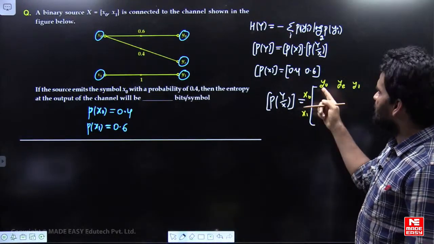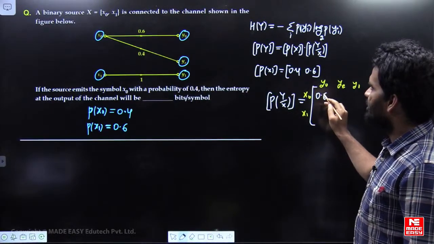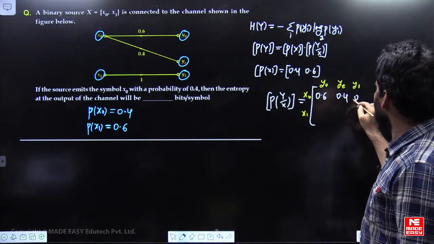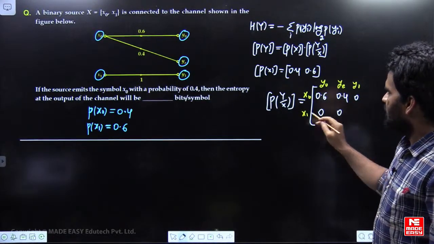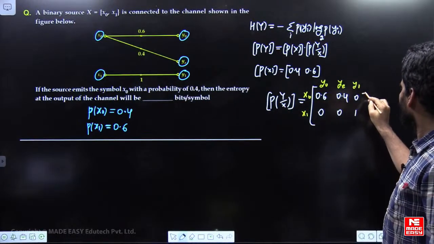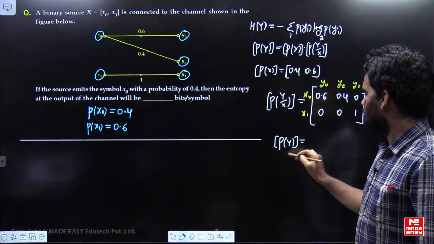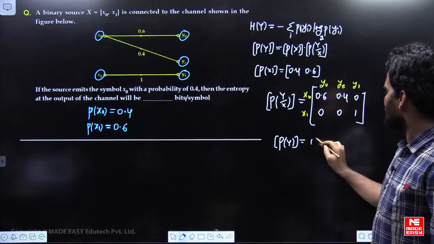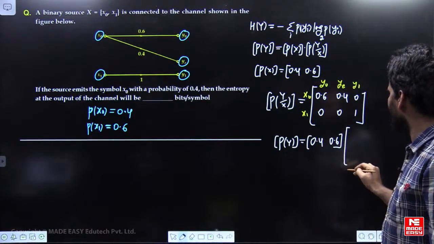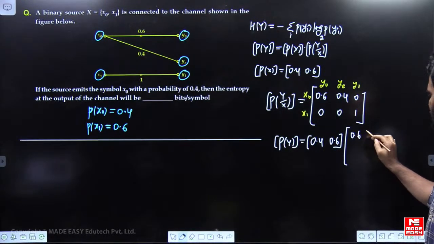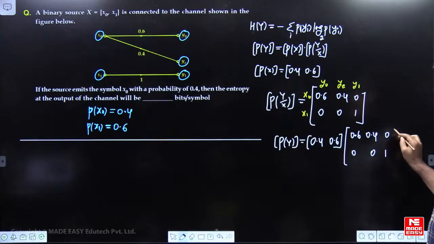What is the probability of transmitted x0 received as y0? 0.6. x0 received as ye, 0.4, and this is 0. Next, x1 received as y0, 0, ye 0, x1 received as y1 is 1. Then the PY matrix will be PX, 0.4, 0.6, into P(Y|X), which is 0.6, 0.4, 0, 0, 0, 1.